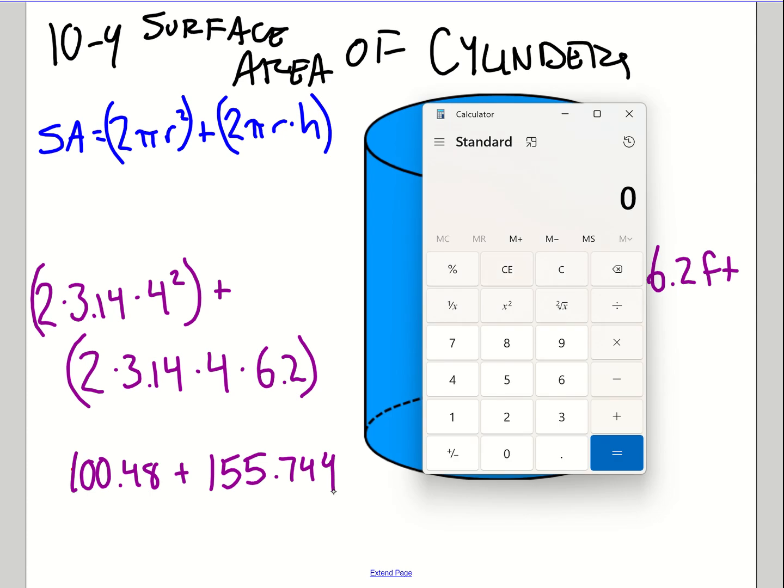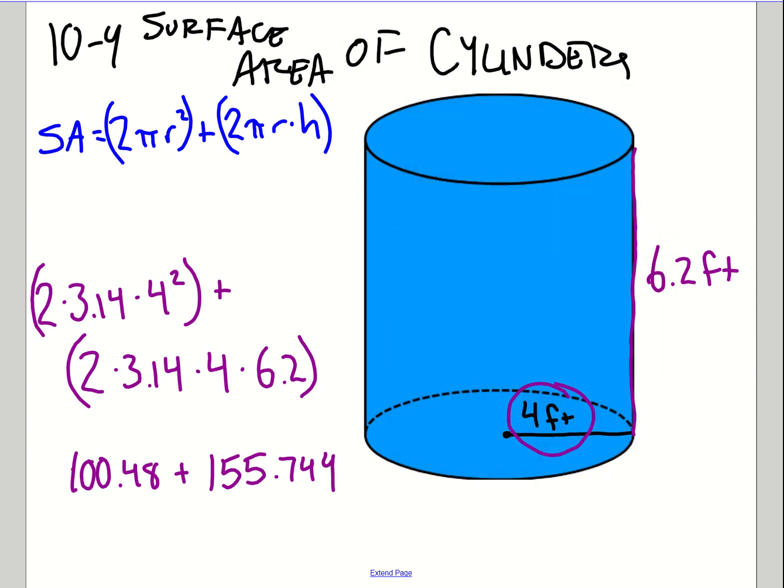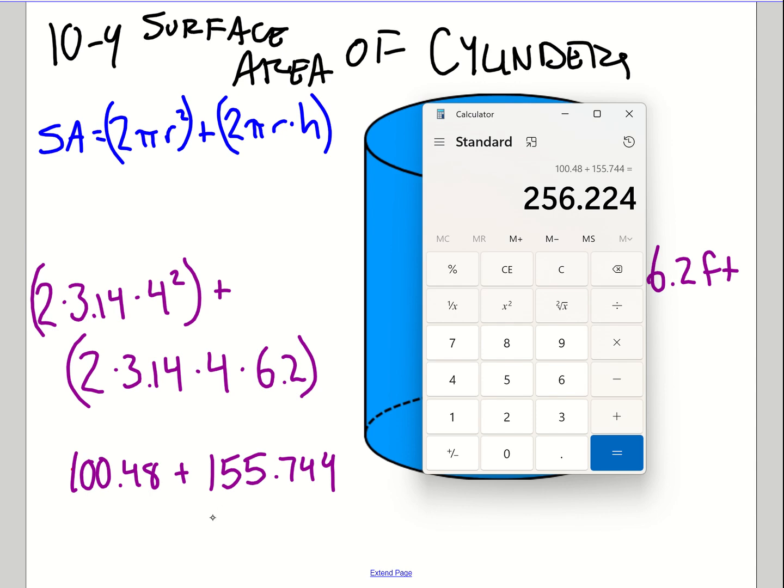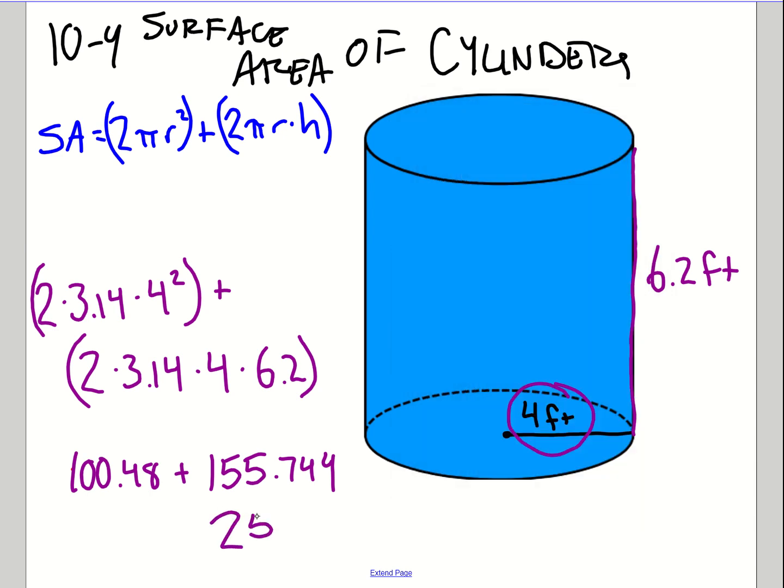Then I want to add those two up. 100.48 plus 155.744 equals 256.2. And then this would be feet squared.